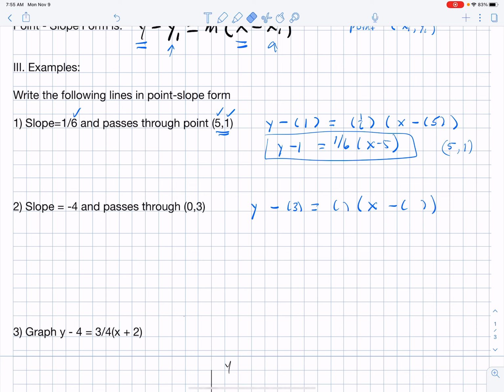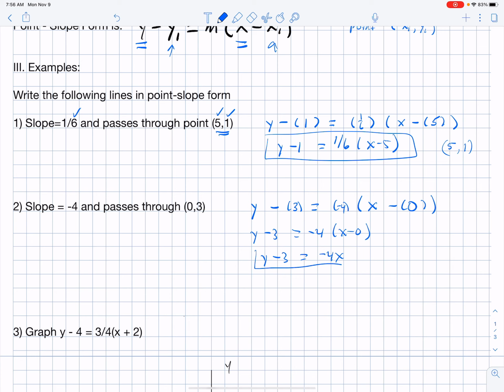Hopefully you're saying, Mr. D, what are you doing? Let's see, x minus our x coordinate is 0, and our slope is -4. So we're going to get y minus 3 equals -4 times x minus 0. Well, x minus 0 is just x, so it would be y minus 3 equals -4x.